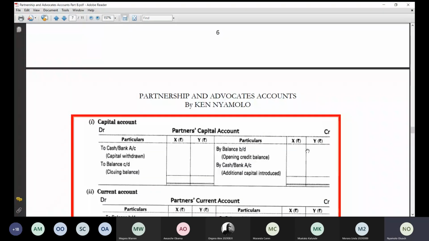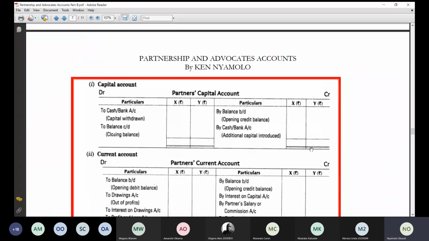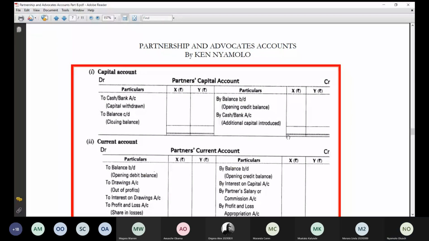So then a capital account would look like that. You'd have the balance that has been brought down, or the opening balance. And then you'll have additional capital that has been introduced. You will have, if there is any capital that has been withdrawn, and then you shall have your capital balance. At this point, it is also important to note that you can use the fixed capital method or the fluctuating.